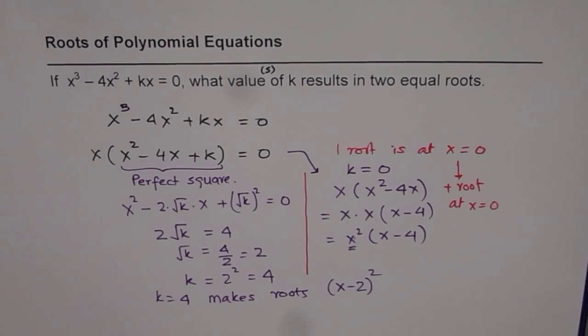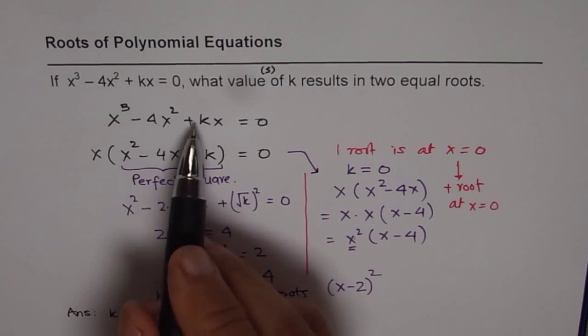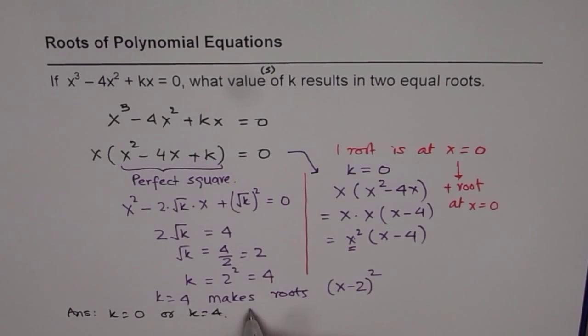So let's clearly write down our solution, and the answer for the question is k equals 0 or k equals 4. If k is 0, then what is the equation? Then the equation will be x cubed minus 4x squared equals 0.